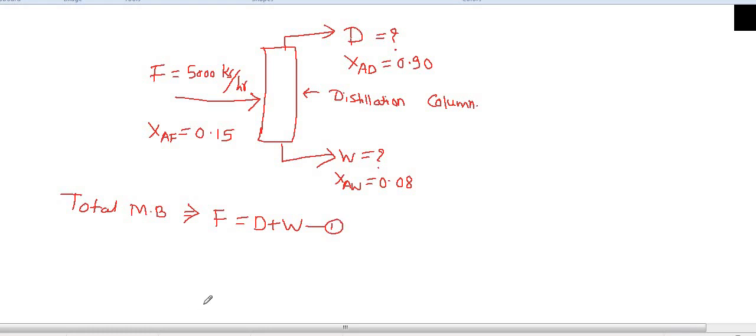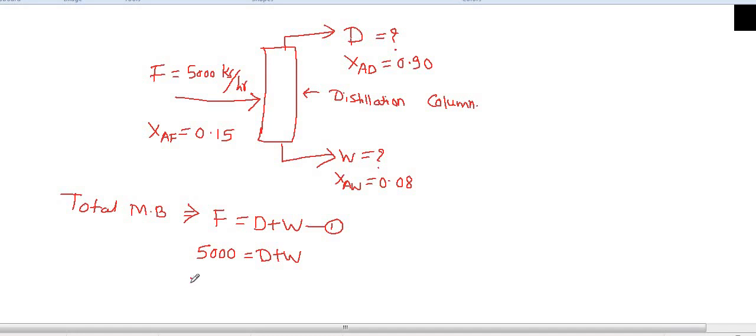From this first material balance equation we get the amount of D. How we get it? Concentrate here. In the first material balance equation, feed is equal to 5000, that is D plus W.